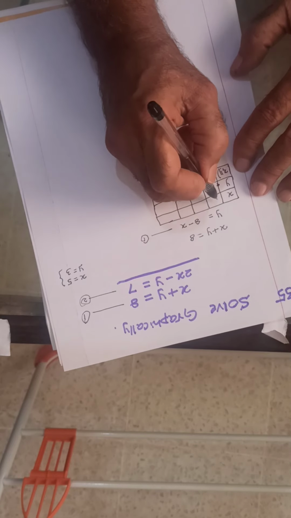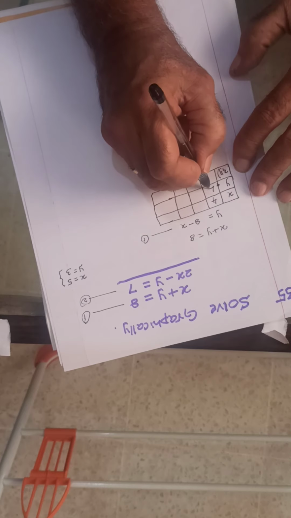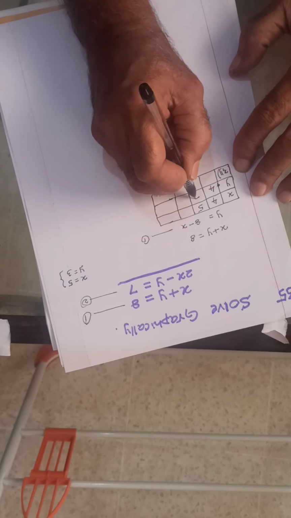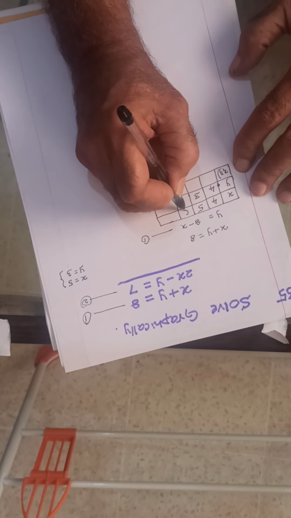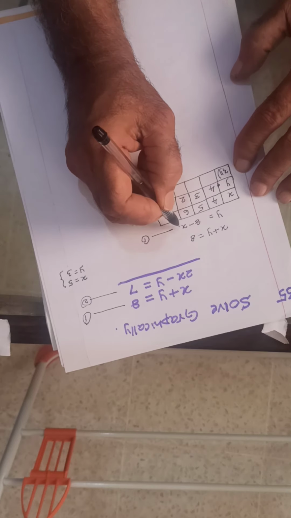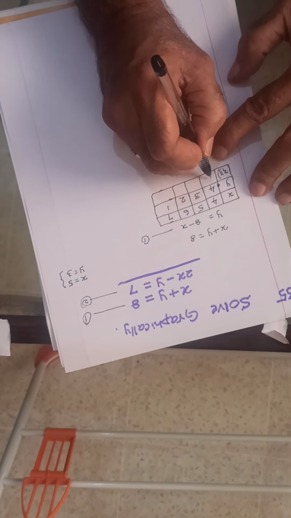You can give x as 4: 8 minus 4, this is also 4. You can give 5: 8 minus 5, this is 3. You can give the next value 6: 8 minus 6, 2. You can give the next value 7: that is 1.